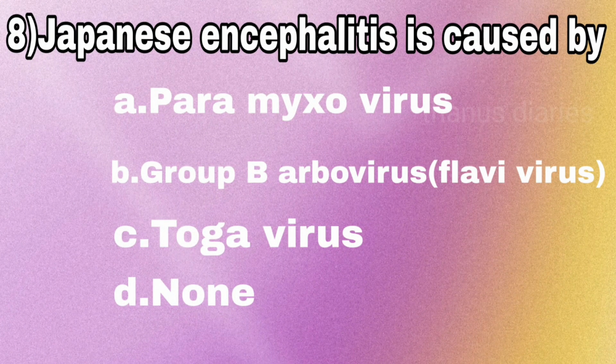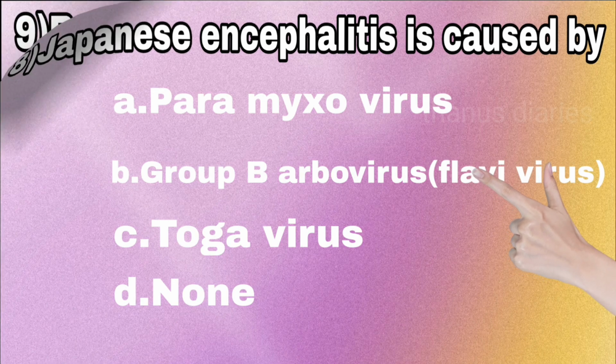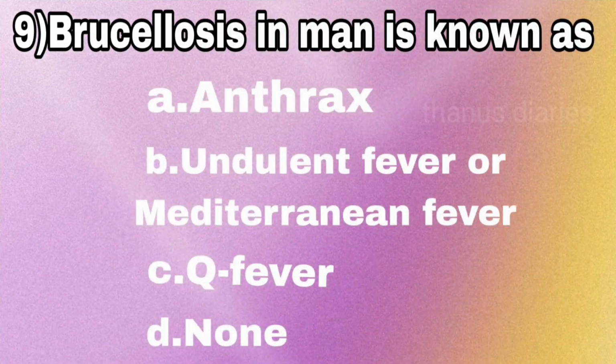Next question, Japanese encephalitis is caused by paramyxovirus, group B arbovirus or flavivirus, toga virus, none of the above. Japanese encephalitis is caused by group B arbovirus or flavivirus.